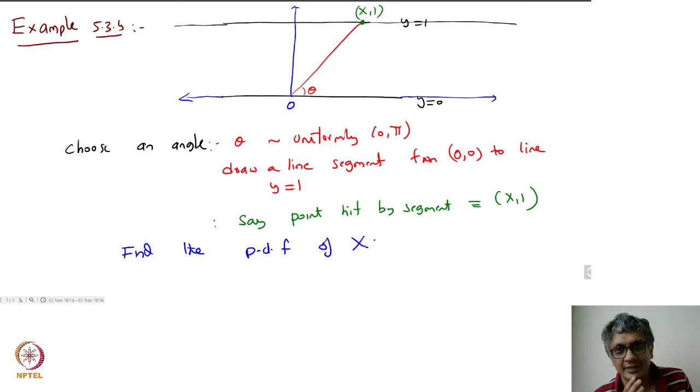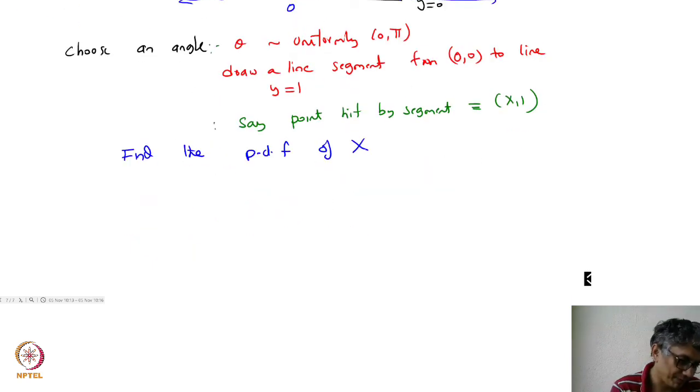So the idea is clear. I have two lines, y equal to 1 and y equal to 0. I choose an angle between 0 and pi uniformly, I drop a line segment to the line y equal to 1, and I want to find the PDF of x. Of course, I've been a little glib here. x is an element of R, and it is a continuous random variable.